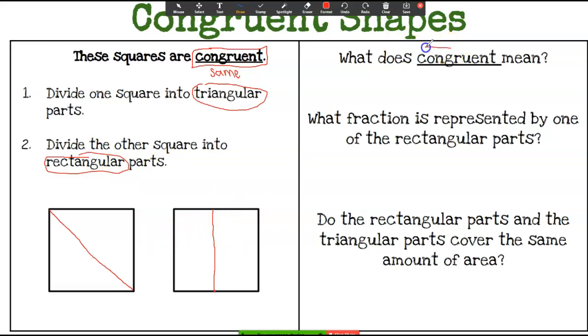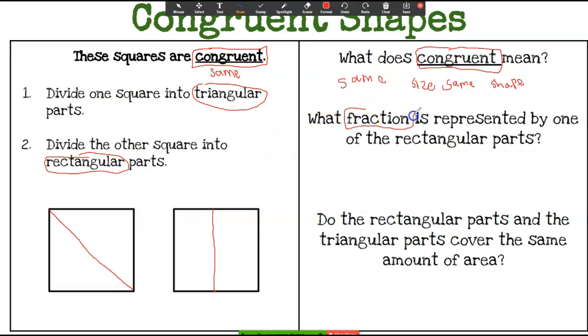So let's go over here. What does congruent mean? Congruent means same size, same shape. Which means those squares are the same exact size and they are the same shape. What fraction is represented by one of the rectangular parts? So let's talk about fractions.